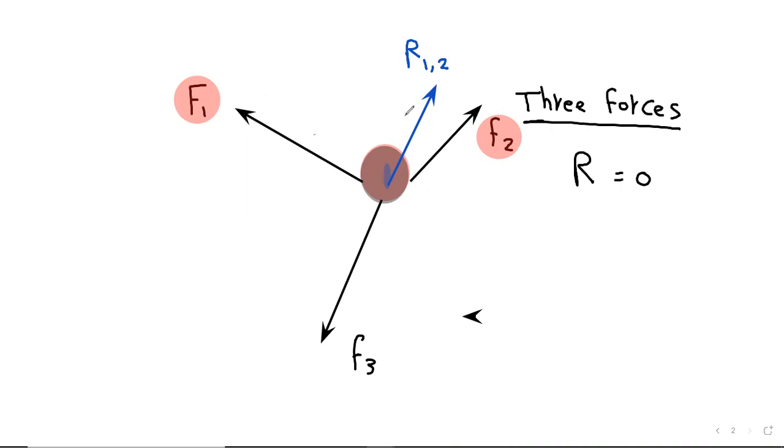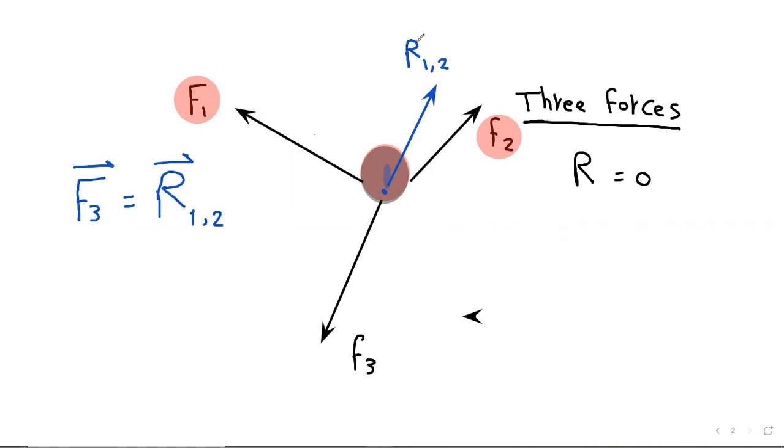As you see, I've drawn the resultant force on the same line as F3. They are lying on the same straight line, okay? And they are in opposite directions. So in this case, F3 is the same as the resultant force of F1 and F2. So F3 equals R1,2.